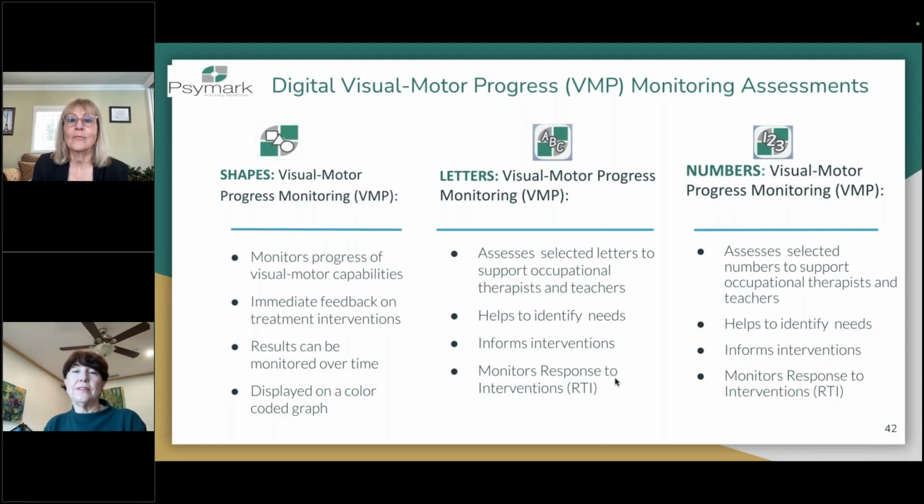And the letters that were chosen, those 16 letters, are a mix of upper and lower case. And the occupational therapist advised us on which letters to use as well, so that they're really looking at the developmental levels of kids. Numbers, again, are those numbers 0 through 9. So we're getting 10 different numbers.